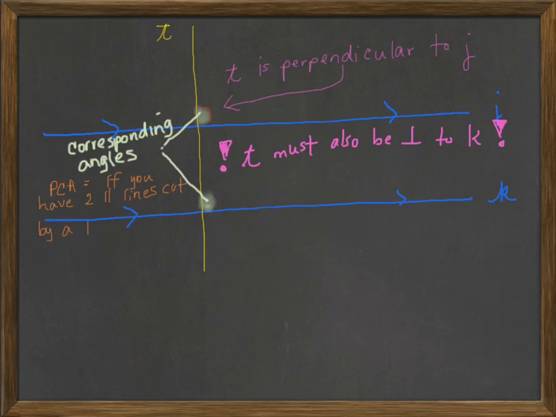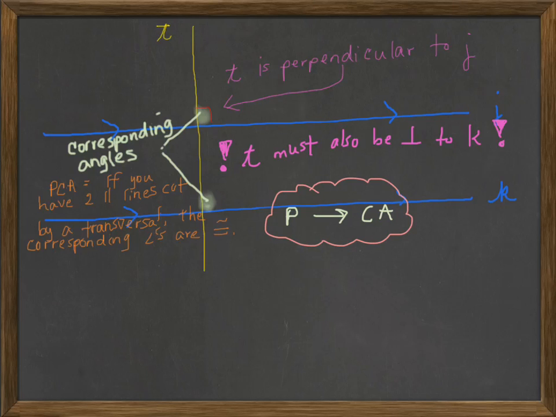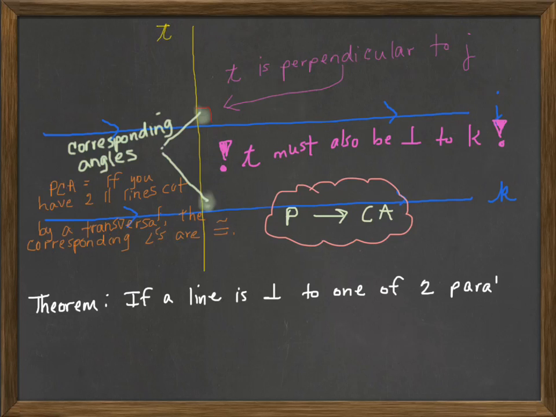That says that if you have two parallel lines cut by a transversal, the corresponding angles must be congruent. In other words, parallel lines imply congruent corresponding angles. I just love that. Okay, let's write down another theorem. It says if a line is perpendicular to one of two parallel lines, then it must be perpendicular to the other.